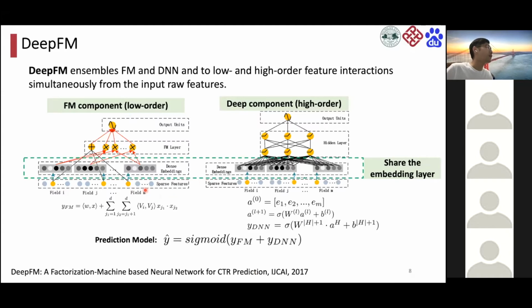Note that the FM component and the deep component share the same feature embedding, which brings two important benefits. First, it learns both low and high order feature interactions from the raw features. Second, there's no need for expert feature engineering of the input, as we mentioned in Wide and Deep.